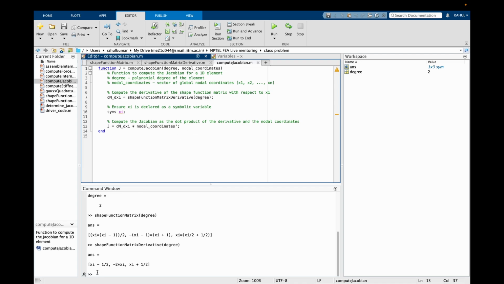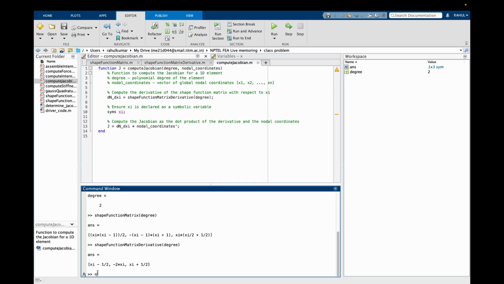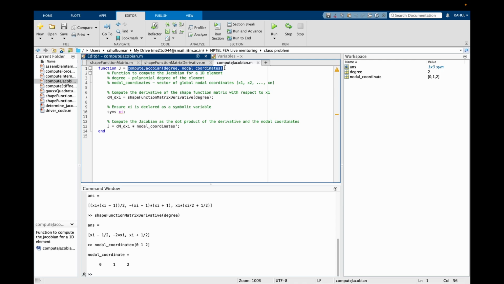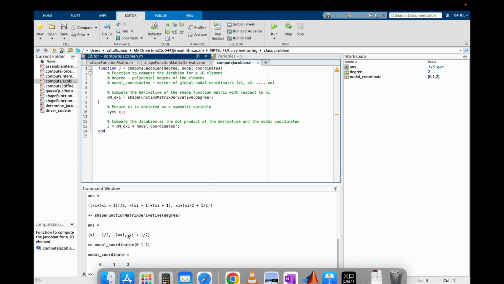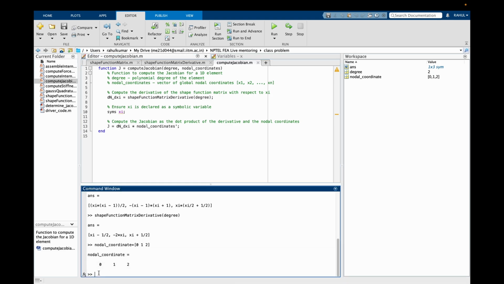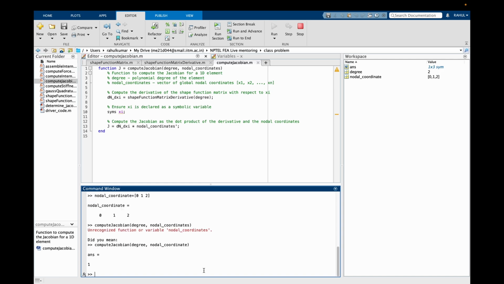So suppose I am taking the nodal coordinates as 0, 1 and 2, and I will call this Jacobian. Since I have already given the argument degree equal to 2, the nodal coordinate should be a 1 by 3 matrix, because the number of points should be 3, otherwise it will give an error.